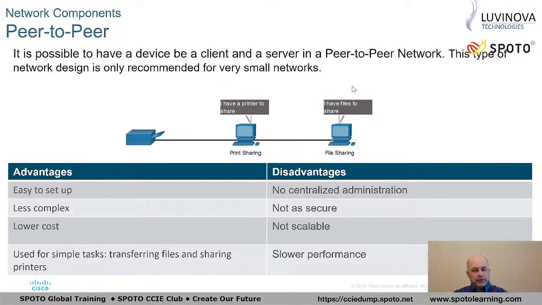Low cost, of course, because we are not creating a complex network, and slow performance because it's one-to-one, so node to node, host or client to server. That's why these networks are not really preferred in large businesses. You can establish these networks at home or in very small offices, where this network could be beneficial.